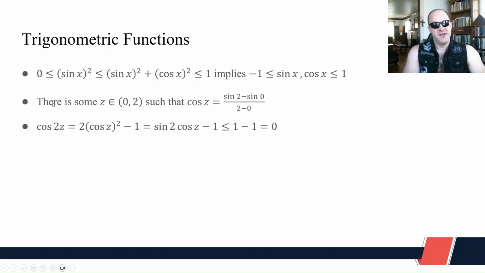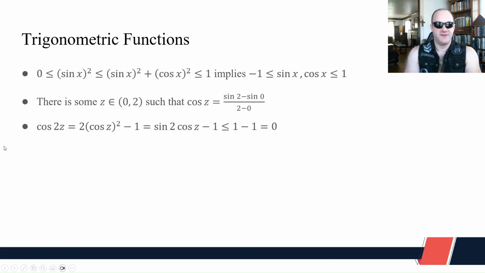But now we know that it must take the value of 0 somewhere, because either cosine of 2z is 0, or cosine of 2z is less than 0, which means that somewhere between 0 and 2z, cosine takes a 0 value by the intermediate value theorem.